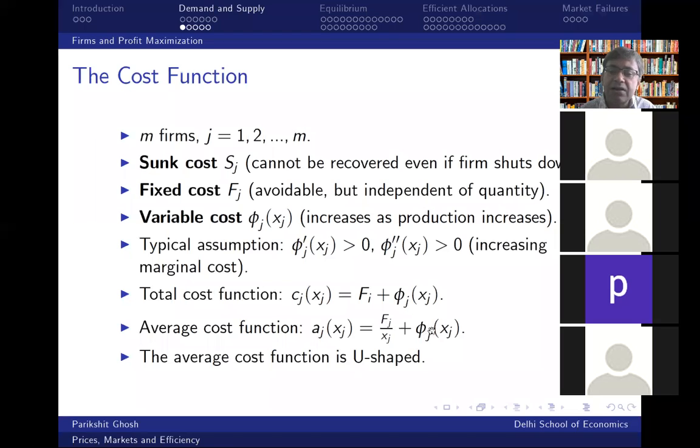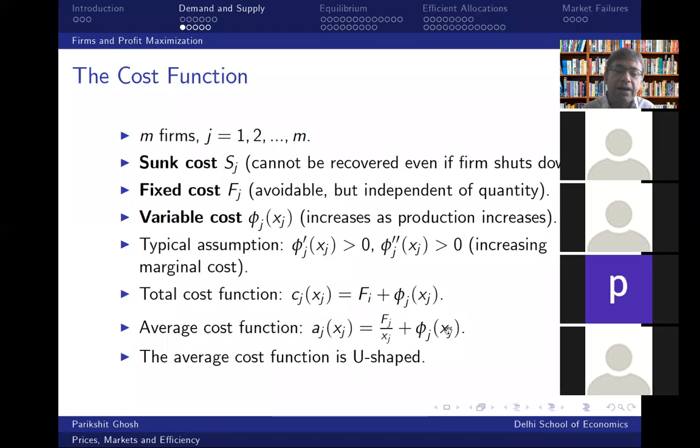But the second part could be a rising component: the variable cost divided by xj would be increasing as xj goes up. So often the average cost function can be U-shaped. Initially this declining part dominates the slope of the average cost function, but later on the increasing part takes over.